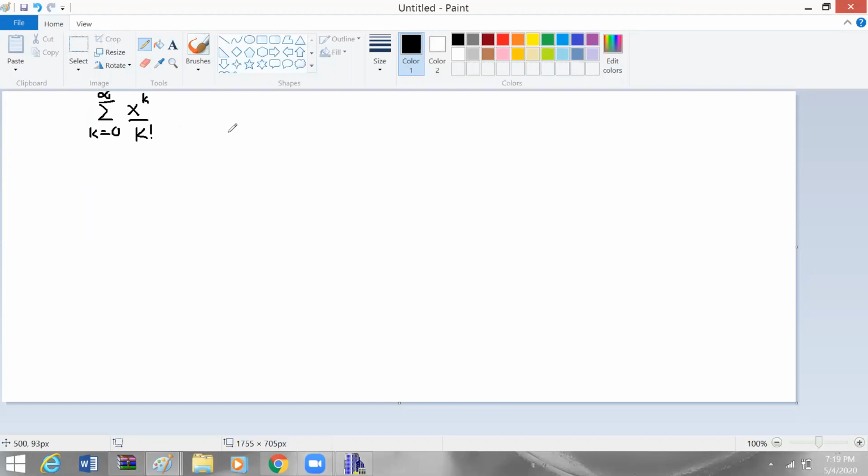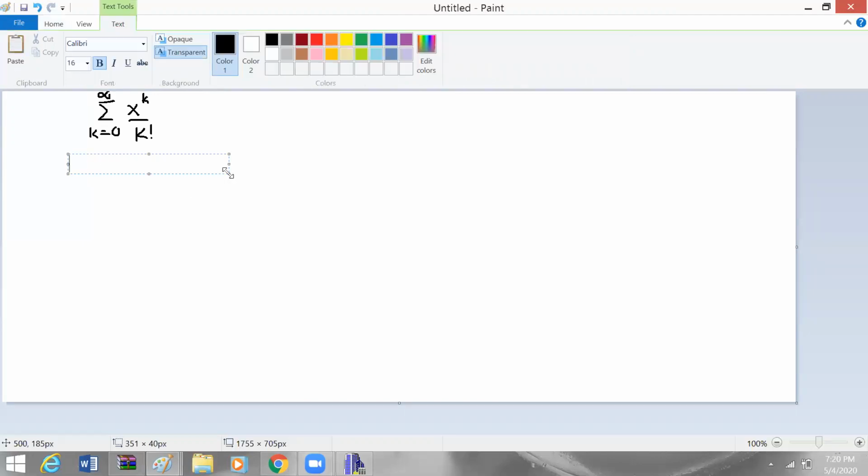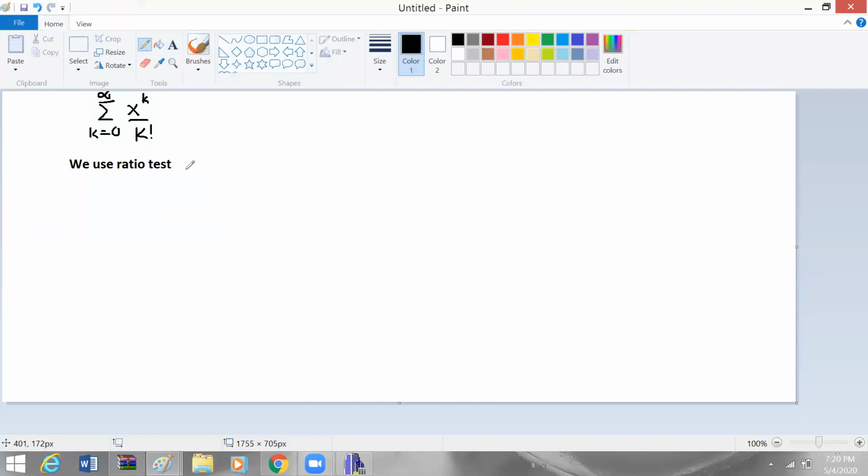And then all we need to do is take the ratio test, right? We use the ratio test involving x to the k and k factorial, because we have the factorial terms. And then what we need to do is take the limits, find the R.